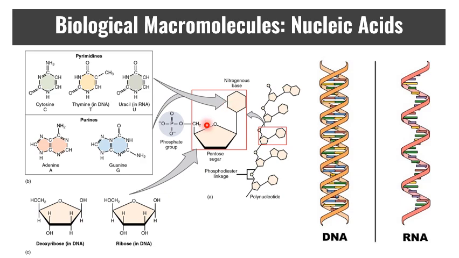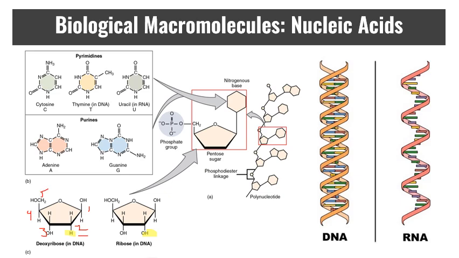Of the common forms of DNA and RNA, you're expected to know that there are 2 types of pentose, 5-carbon sugar. You have deoxyribose and ribose. The difference is the hydrogen or the OH group here. If you really break it down, you number the carbons: carbon 1, carbon 2, carbon 3, carbon 4, and carbon 5.